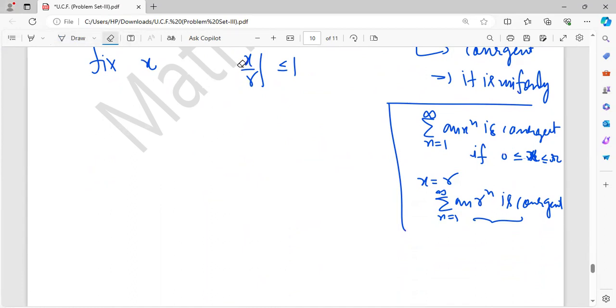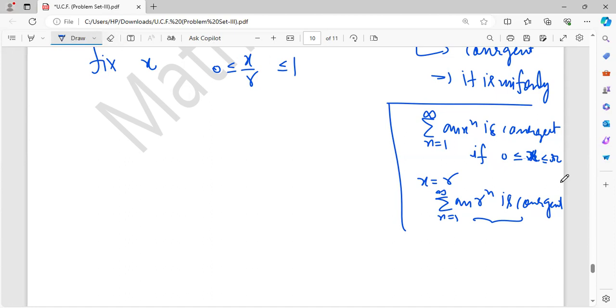what is my x upon r? x upon r is in this range. Okay. So if I take x upon r equal to 1, then b_n(x) is the constant function 1, which is monotonically increasing.